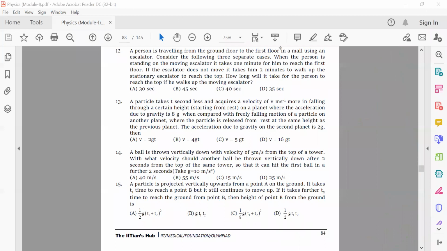Okay, so let's have a look at this question. A particle takes t seconds less and acquires a velocity of v more in falling through a certain height on a planet where the acceleration due to gravity is 8g, compared to when falling freely, the falling motion of a particle on another planet where the particle is released from rest at the same height as the previous planet.